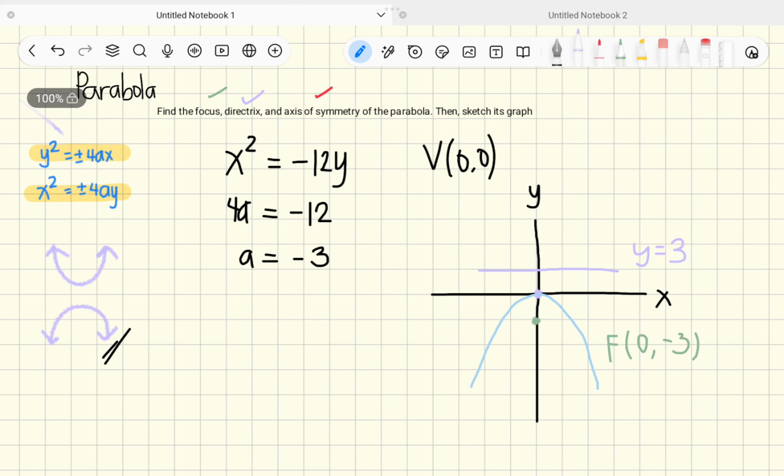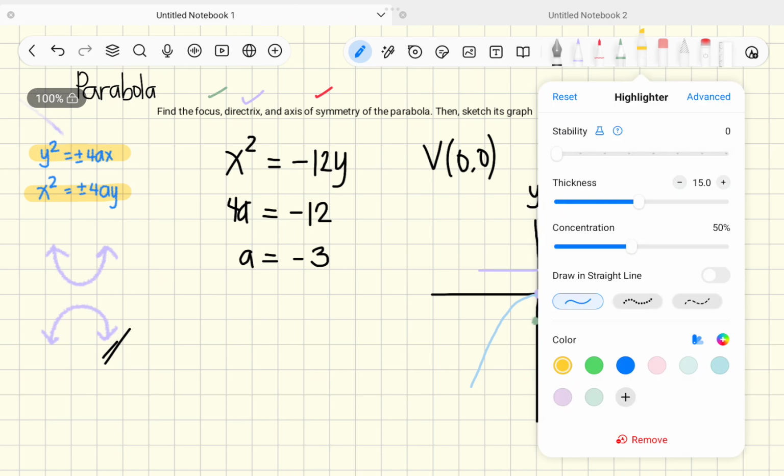Okay, so the focus is at 0, negative 3. The directrix is defined by y equals 3. Take note the directrix will extend infinitesimally. And then now the axis of symmetry.